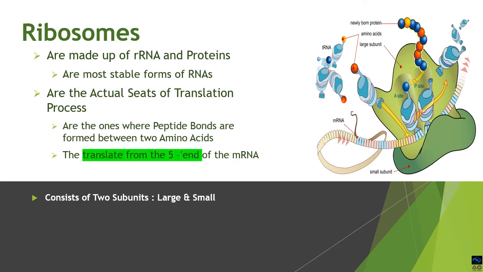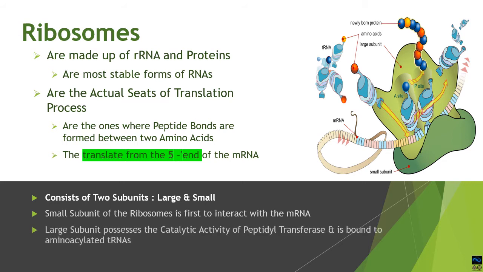The decoding of mRNA, which happens in the ribosomes, goes from the 5' end, and the ribosomes are the sites where peptide bonds are formed between two amino acids with the help of their own intrinsic peptidyl transferase activity. Ribosomes in both prokaryotes as well as eukaryotes have two subunits, large and small.